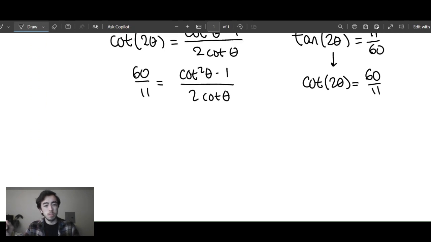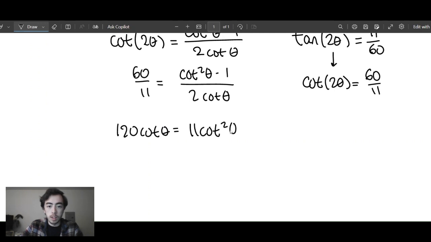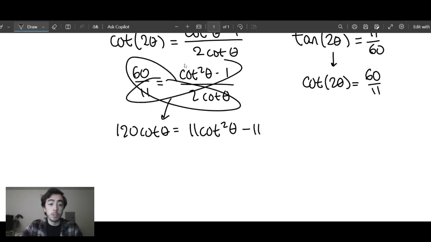Let me see. I'll do some cross multiplication here. So I'll do 120 cotangent theta is equal to 11 cotangent squared theta minus 11. I multiplied these two over here, and then I also distributed the 11 across the two terms over here.